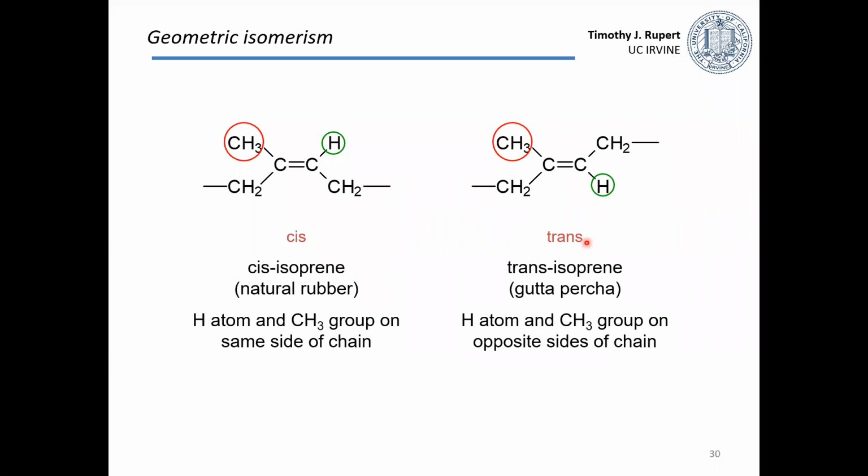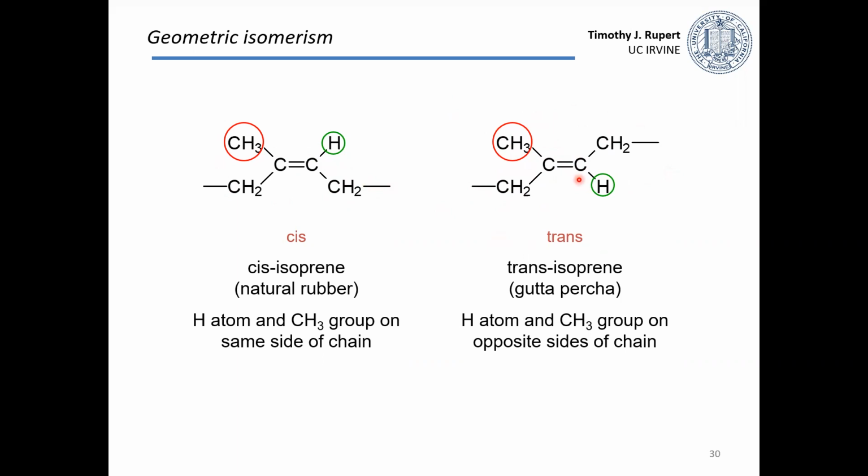We can also think about different isomers that are described by their geometric orientations. For example, this molecule on the left and the right have the same number and the same types of elements in there, with even the same types of bonds.